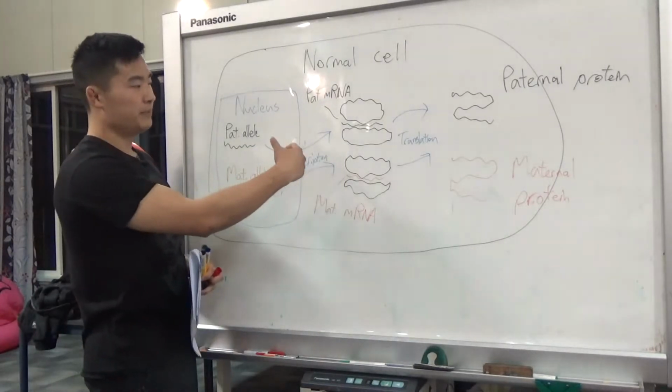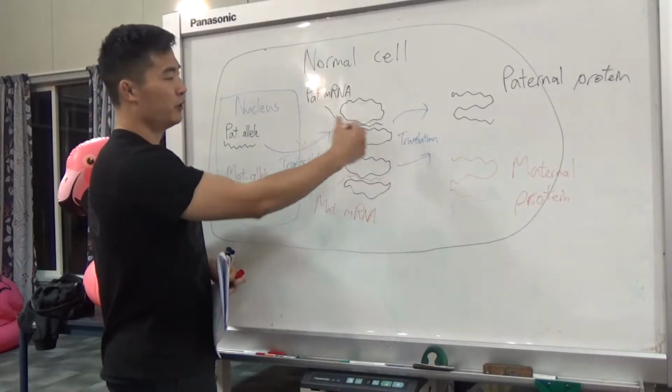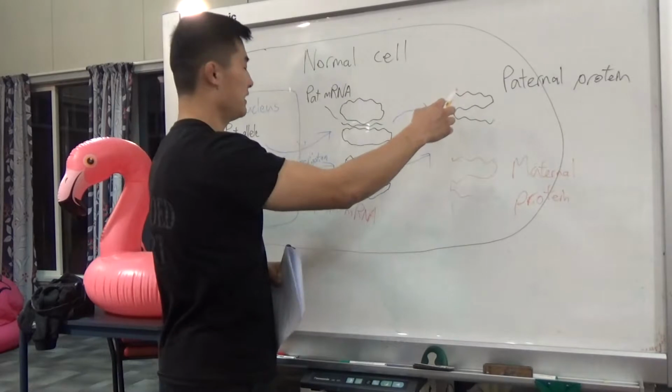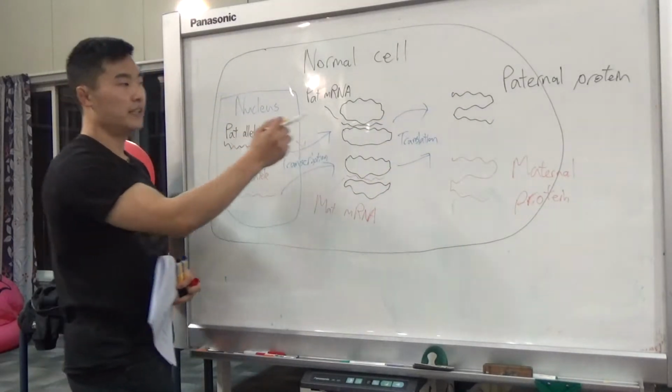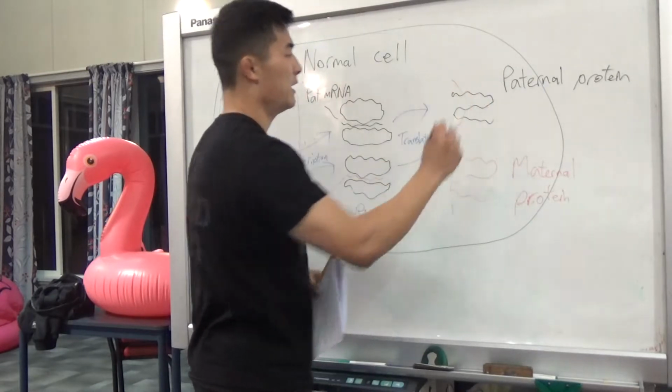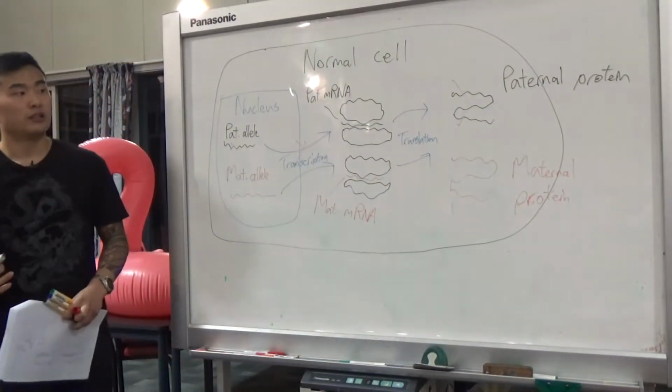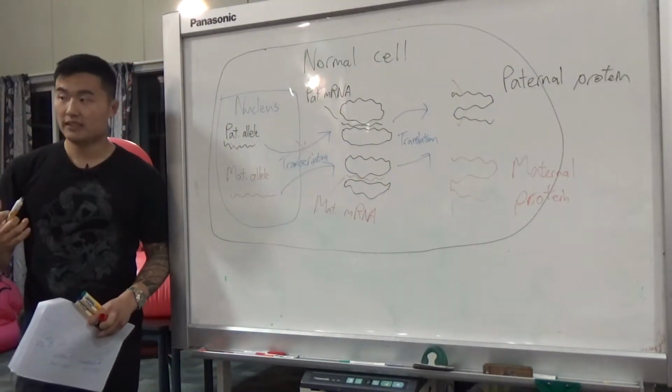If you don't have any transcription occurring, then you won't get translation, so if this occurred in the paternal allele, then you would get no translation of the paternal protein.